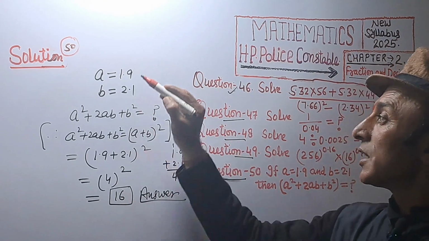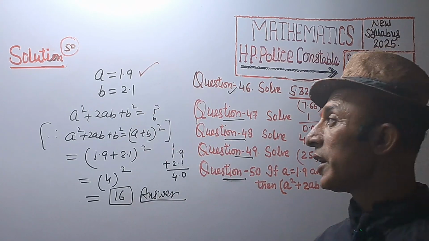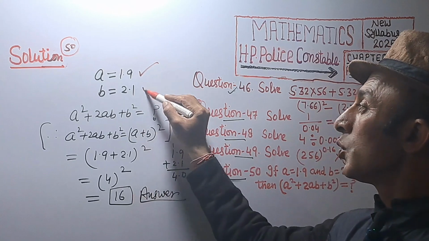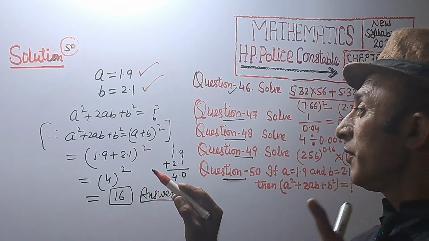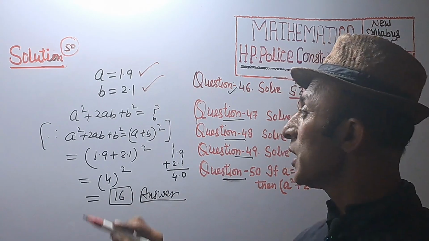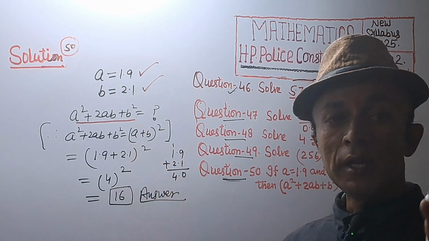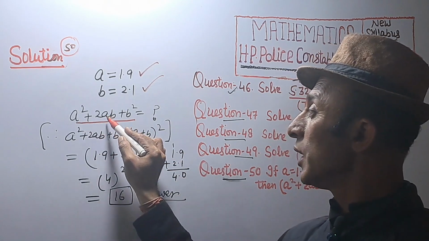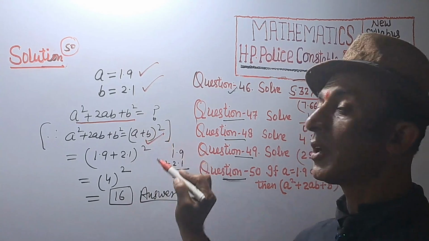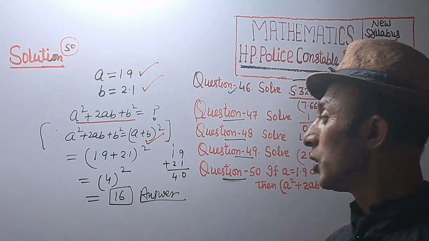Given question is A 1.9, B 2.1, and we find the value of A square plus 2AB plus B square. We know that A square plus 2AB plus B square equal to A plus B raised to power 2.